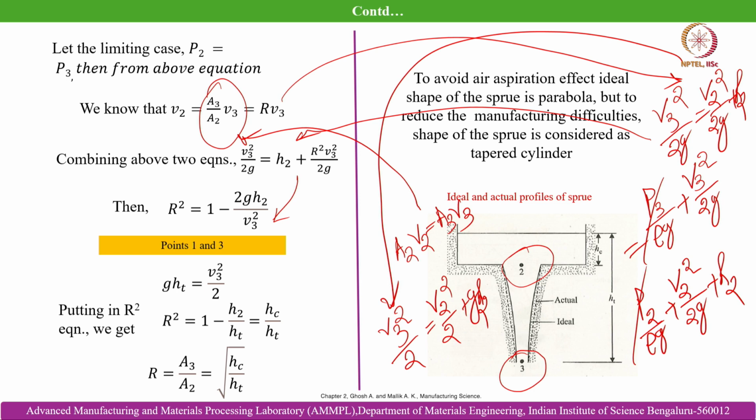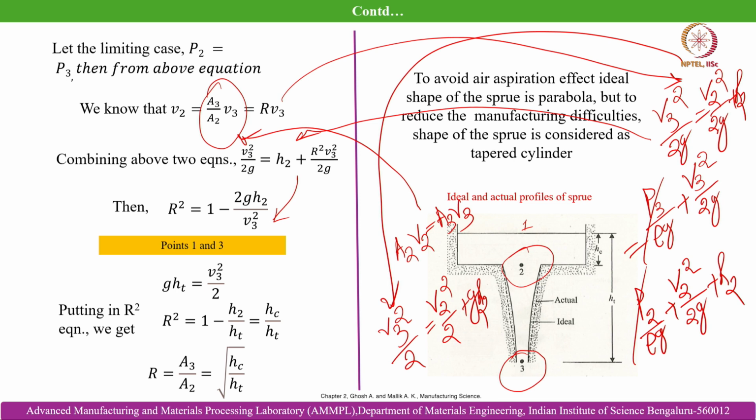Now if we apply Bernoulli's equation again between points 1 and 3, here is the point 1 and this is the point 3. All other terms get cancelled out, because both are exposed to the environment. So, P1 is equal to P3 is equal to 0.